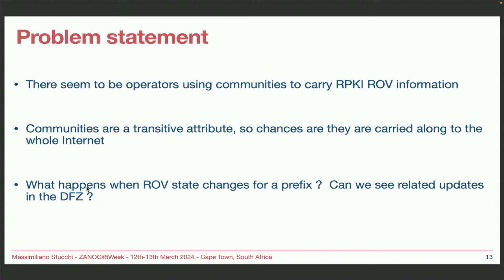What happens if one of these operators loses all of the RPKI validators they have? There's about 300,000 routes that would change state, and thus bring 300,000 BGP updates to just change the fact that there is an additional community or the removal of the community.